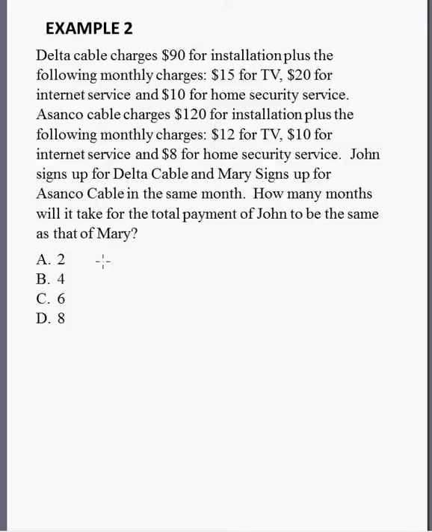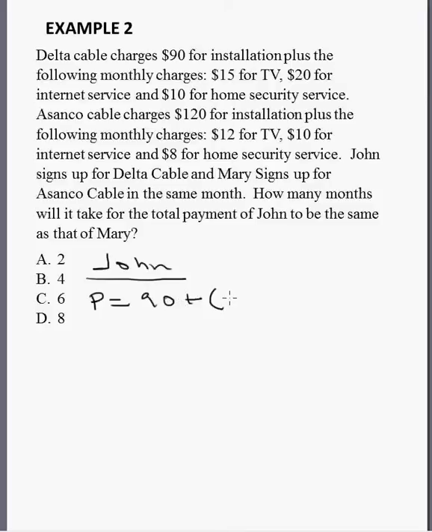So let's take a look at what we know. John is going for Delta. So John's model will be like this. John will start with $90 plus, and then he's going to pay all this per month.